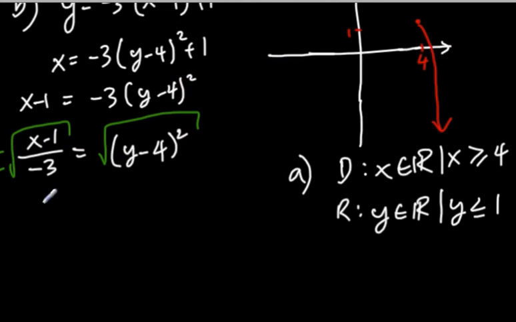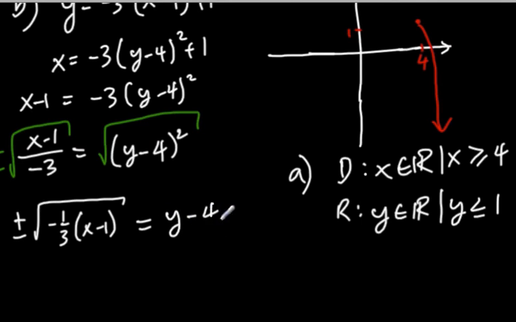So this is going to be plus or minus the square root of the fraction -1/3 times (x minus 1), and I can just take out that fraction, it's the same thing, equal to y minus 4.